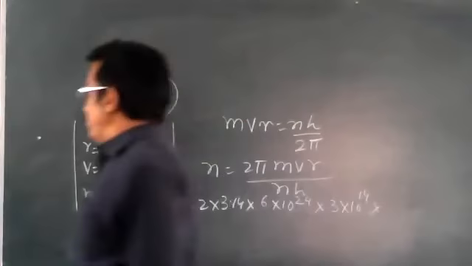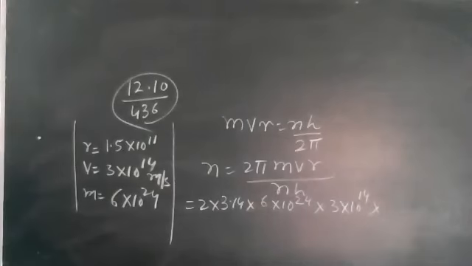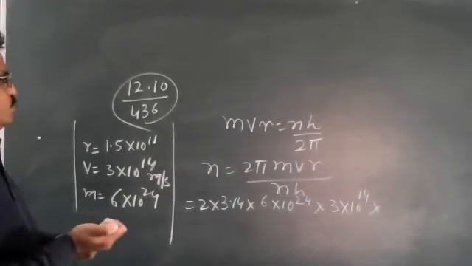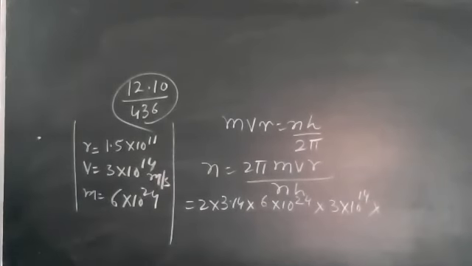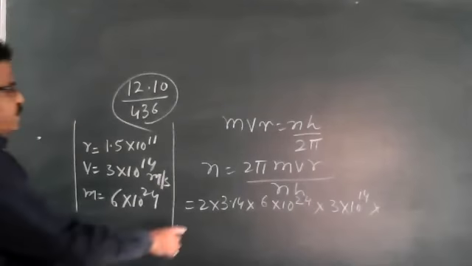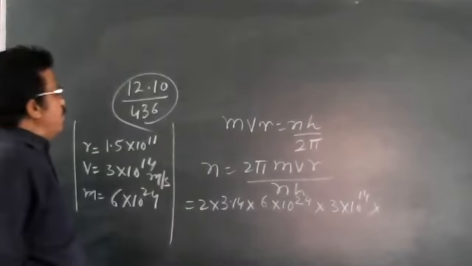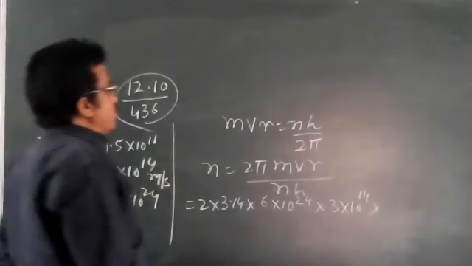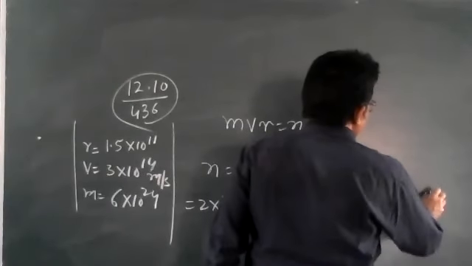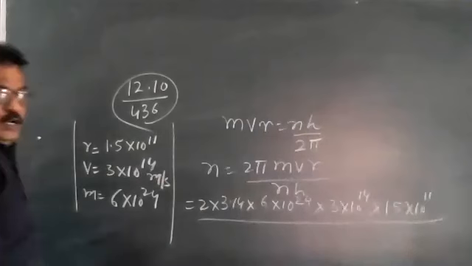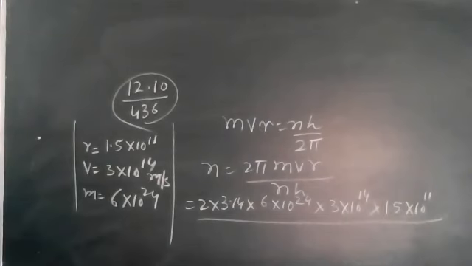Put the values. So I can write here 2 pi m, v and r, 1.5 into 10 raised to power 11, divided by n into h.